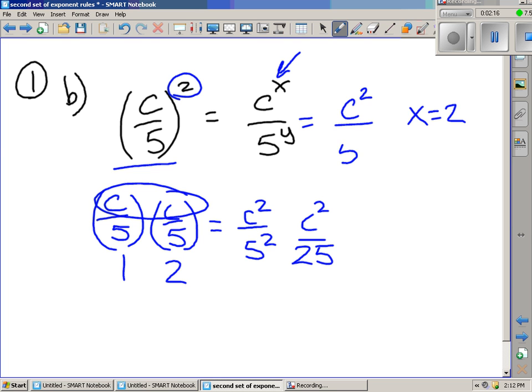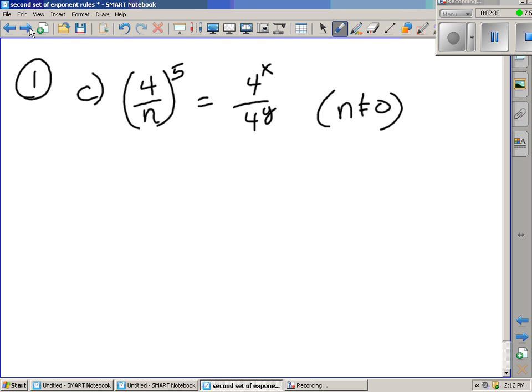So we get in this case that c to the second is equal to c to the power of x. So x equals 2. And 5 to the power of 2 is equal to our original 5 to the power of y. So that means that y is equal to 2 as well.